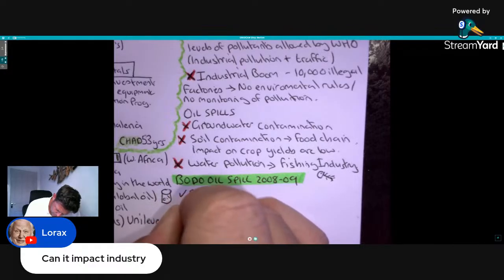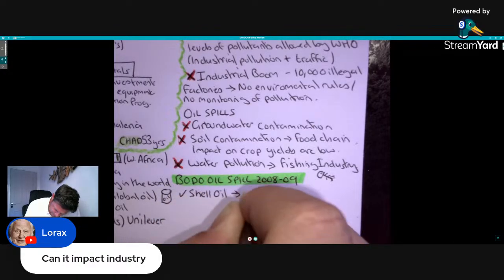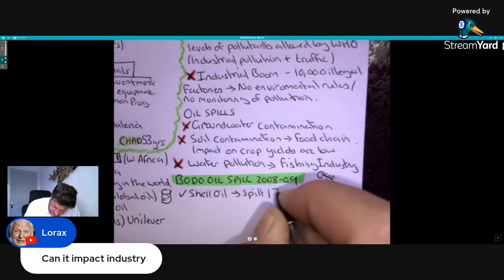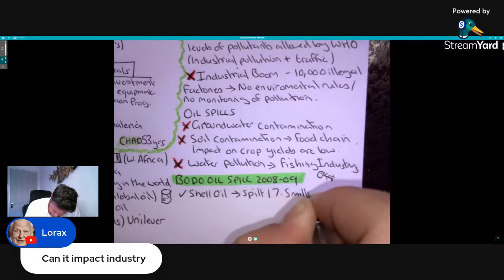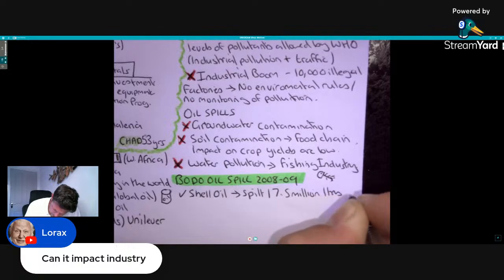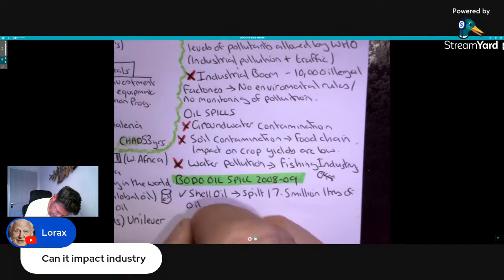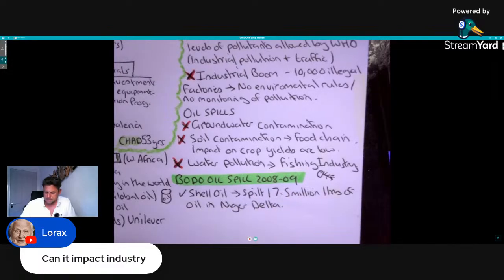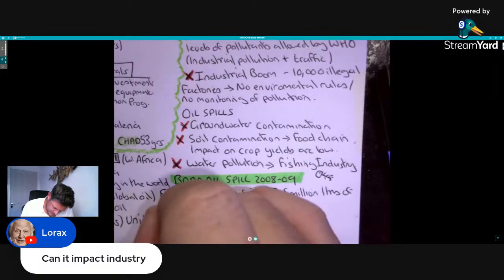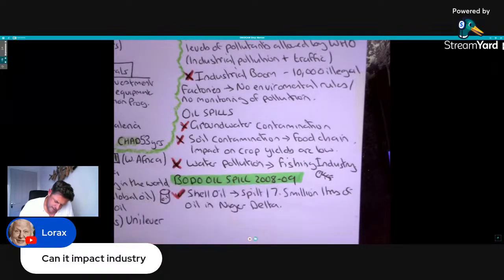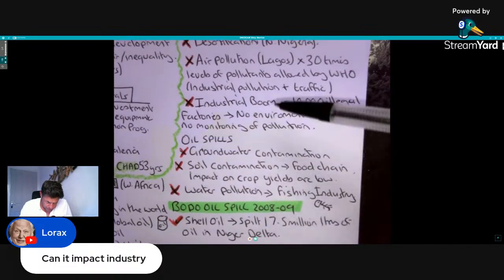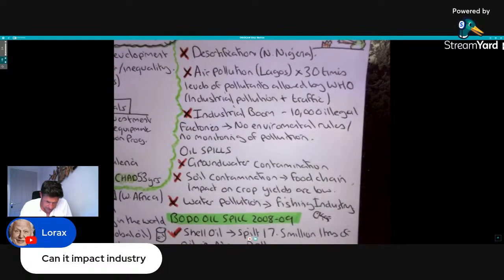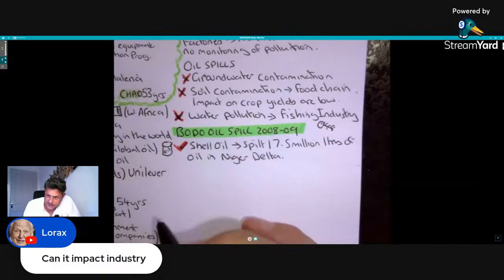So this was Shell oil, and it spilt 17.5 million liters of oil in the Niger Delta region. So that region is close to the sea, obviously, because it's the delta. And Shell oil was responsible for spilling 17.5 million liters of oil. It caused all these problems that we've talked about here, about decontamination and things like that.